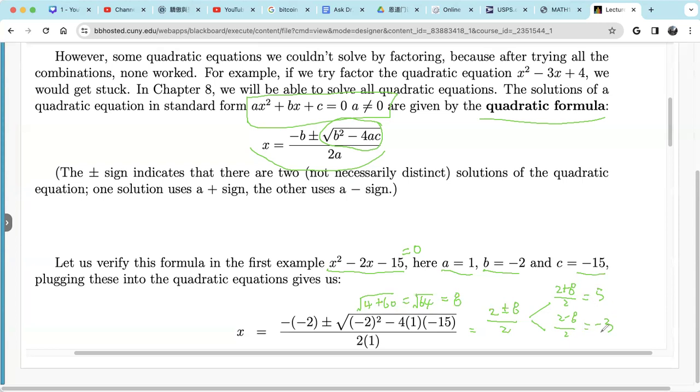Two rational solutions means this one can be factored. We already showed earlier, this can be factored as x minus 5 times x plus 3. So one way, if we know how to factor, we factor it and get two solutions by using the zero property. Another way is we figure out a, b, c and plug into the quadratic formula.